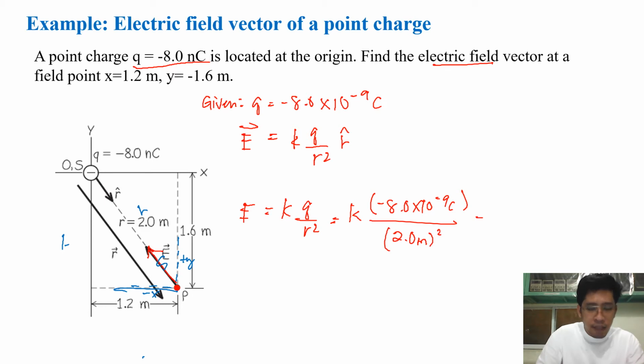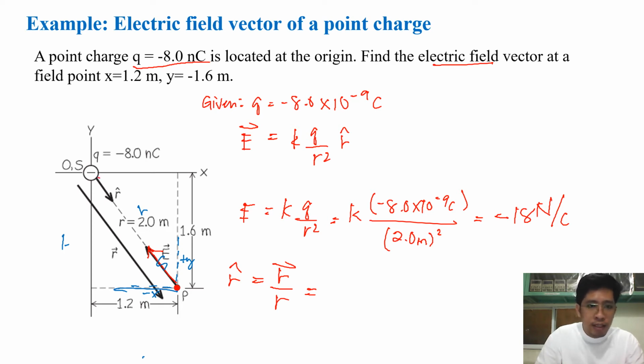So you have here your electric field, which is equal to negative 18 newtons per coulomb. Now you need to find your vector R. Your unit vector R hat is just your vector R divided by the magnitude of R. Again, your unit vector points from your source point towards your field point.